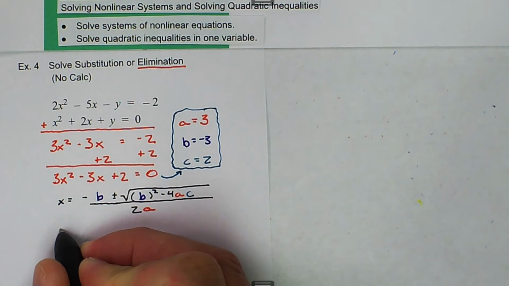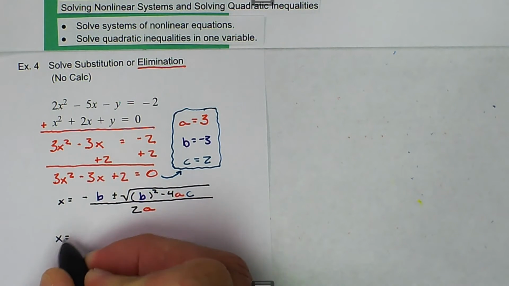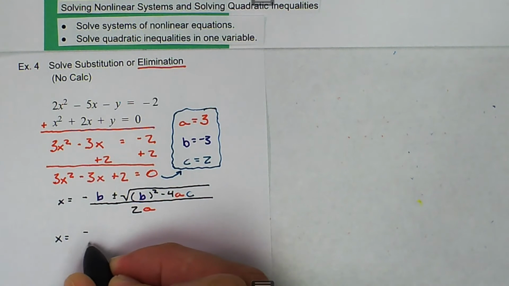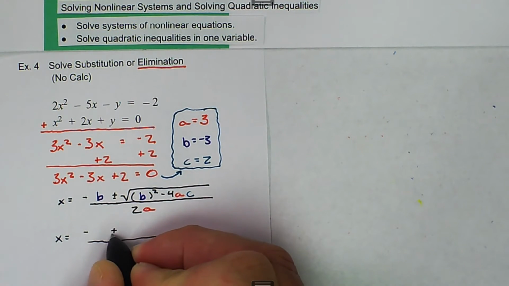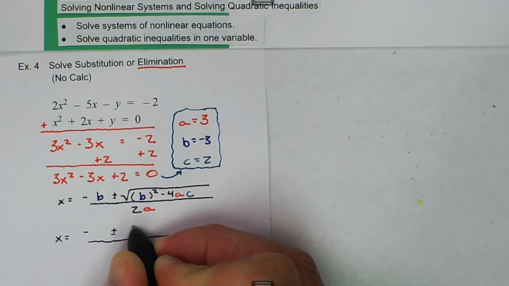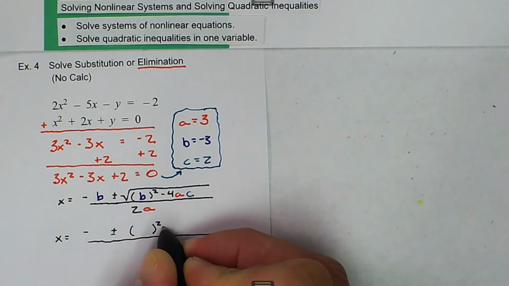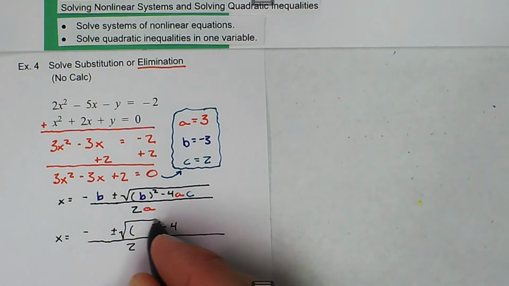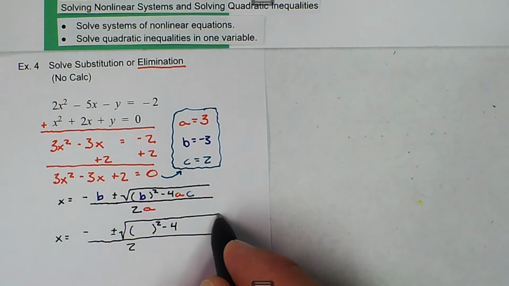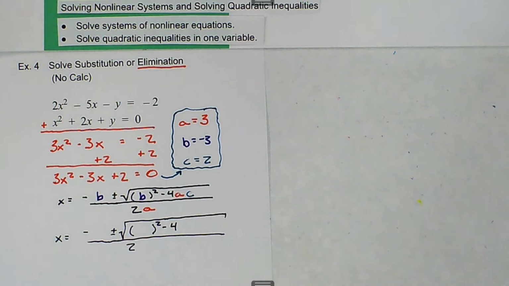So we have x equals negative, plus or minus, we're going to have b squared minus 4, and then I'm going to substitute the values in.